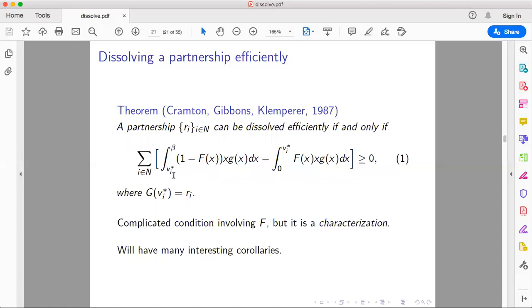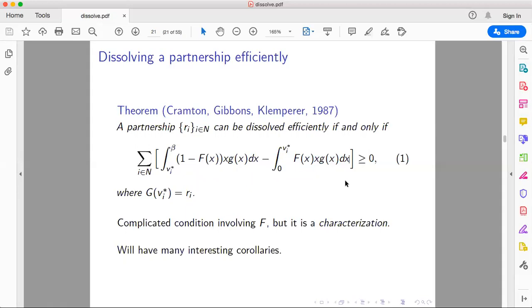Basically, Ri enters this equation through V star I. Remember, V star I is defined as G of V star I is equal to Ri. So the limits of this integral have V star I, and so that's how this inequality depends on the Ri's, and the integrals are over these distributions F and G.